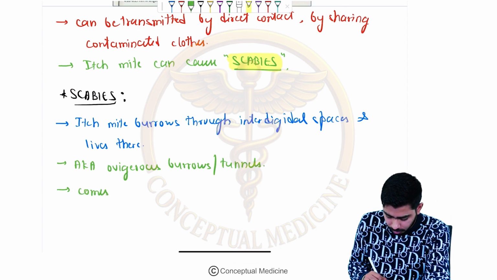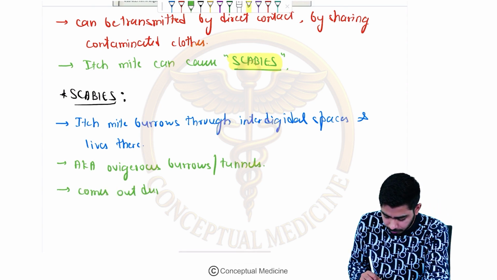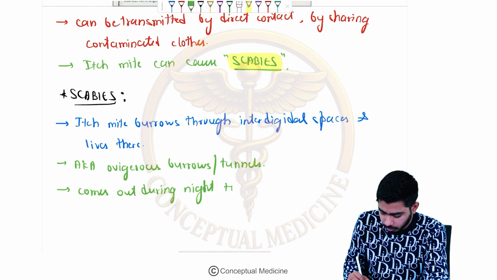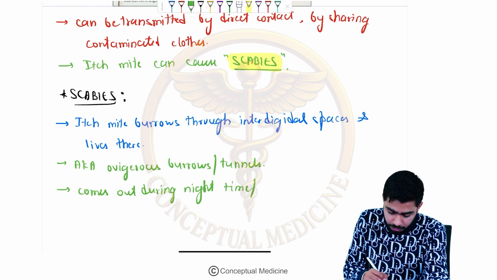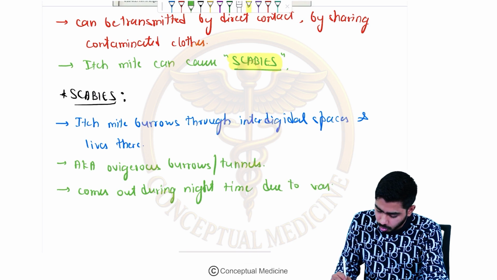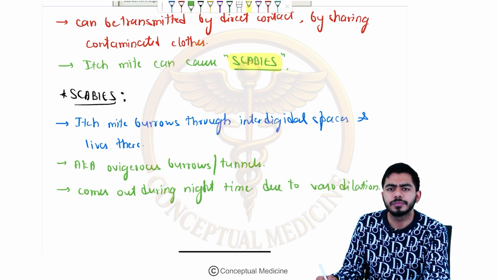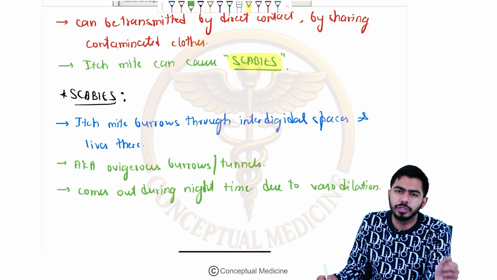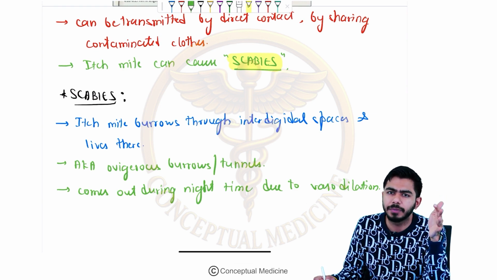Because they come out during night time due to vasodilation, or when the person is taking a hot water bath. During that point of time also the vasodilation will be happening.